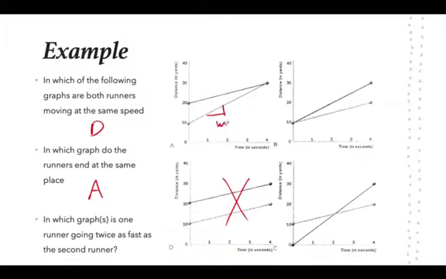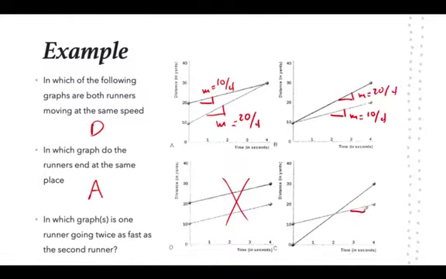The slope here is from 10 to 30. That's a change in y of 20 over 4 seconds. The slope here is 20 to 30, that's a slope of 10 in 4 seconds. Here, this slope is a change of 10 in 4 seconds, and this slope right here is a change of 20 in 4 seconds.